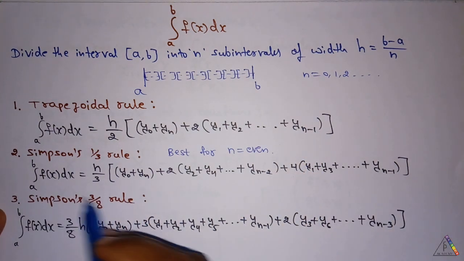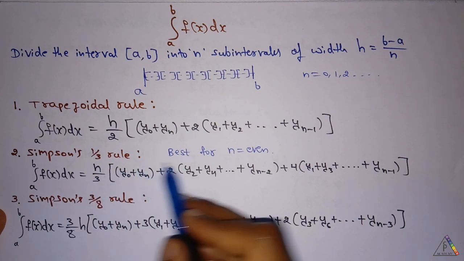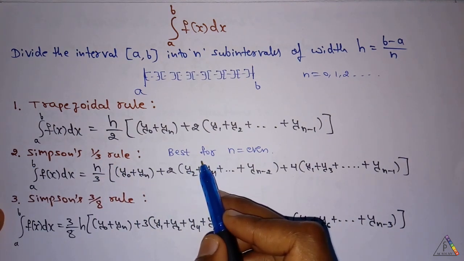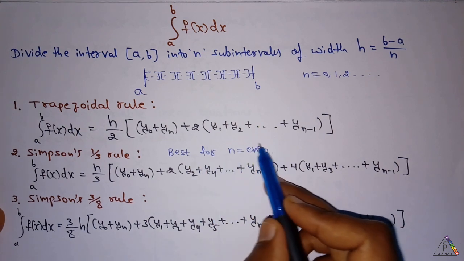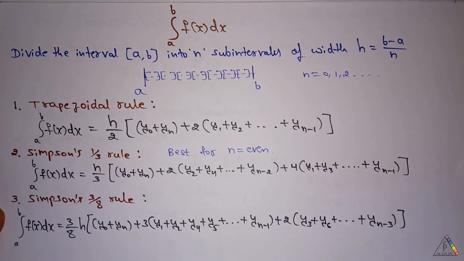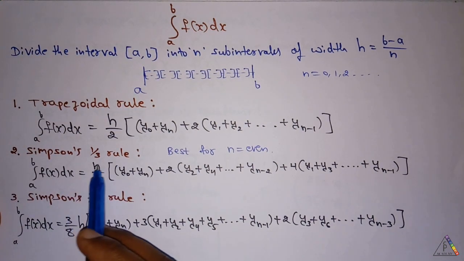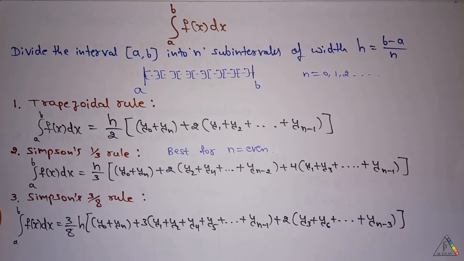And the next method is Simpson's 1 by 3rd rule. This Simpson's 1 by 3rd rule gives the best approximate value when the number of intervals is even. That means if the number of intervals is even, then Simpson's 1 by 3rd gives the most appropriate value.